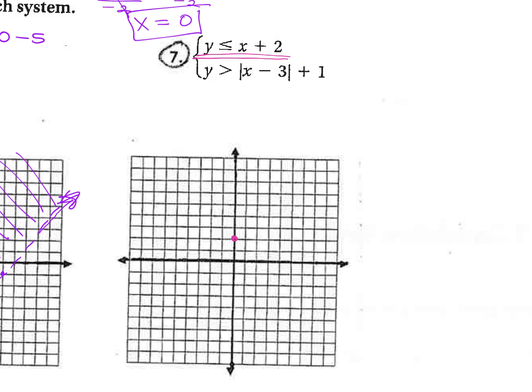And then a slope of 1, so up 1 over 1, up 1 over 1, like this. Is this a solid or dotted line? This is solid. Okay, so now we're going to plug in 0, 0. 0 is less than or equal to 0 plus 2. So 0 is less than or equal to 2. Is that true?